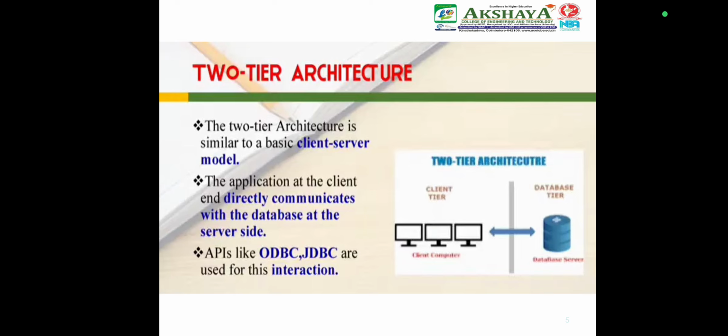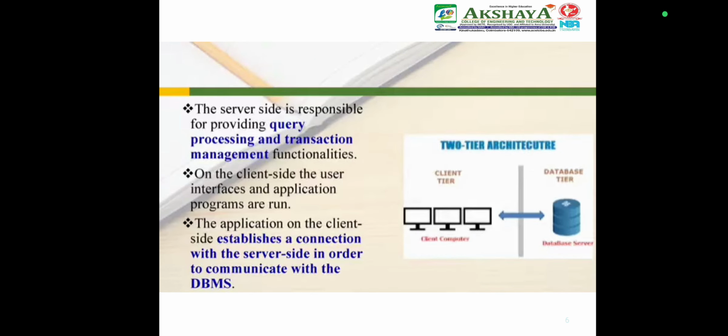Two-tier architecture. Two-tier architecture is similar to a basic client-server model. The application at the client side directly communicates with the database at the server side. APIs like ODBC and JDBC are used for this interaction. The server side is responsible for providing query processing and transaction management functionalities, and on the client side, the user interface and application programs are run.